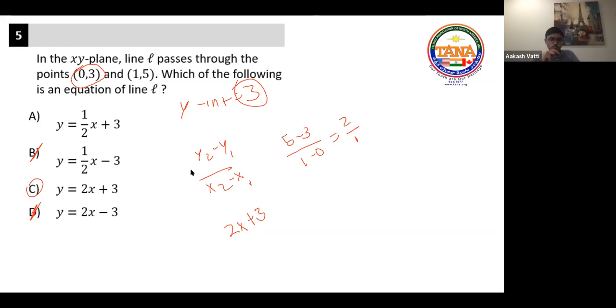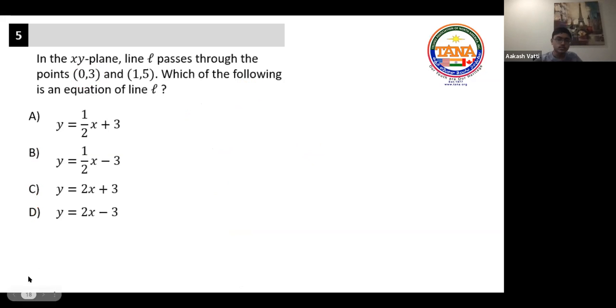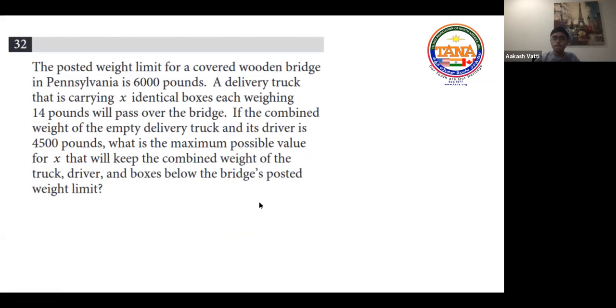Any other questions? No? All right. Next question. This would be a fill in the blank question. Not really even fill in the blank. It's just a box, where you have to get the answer without any multiple choice, without any choices. You just have to solve for the answer. And also, I'm pretty sure this is a calculator question.